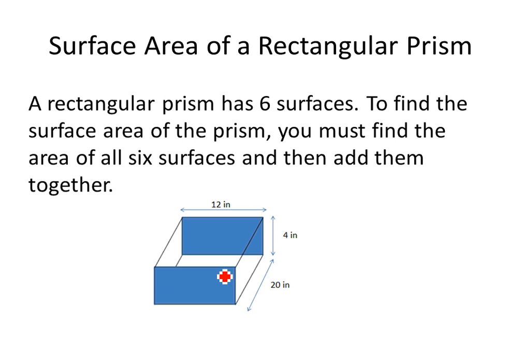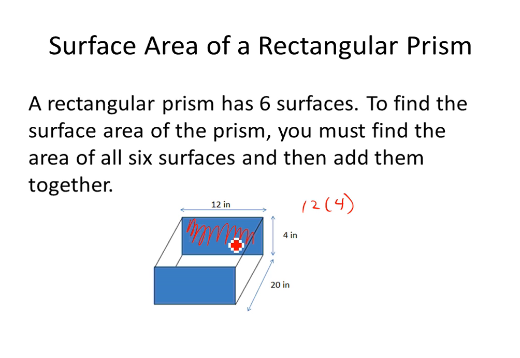So the first thing that I'm going to do is find the area of the bases of the rectangular prism. So I'm going to find the area of the 2 rectangles that make up the base. That's 12 times 4.